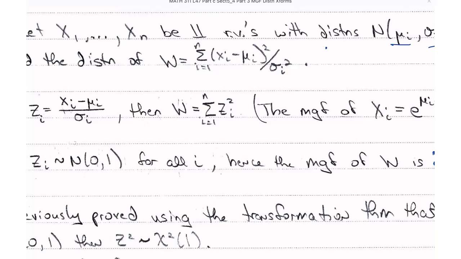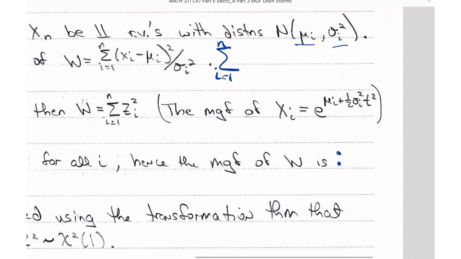So to rewrite this a little bit, instead of writing it kind of sloppy here, I'm going to rewrite it as a proper fraction. So (Xi minus mu i) quantity squared over sigma i squared.